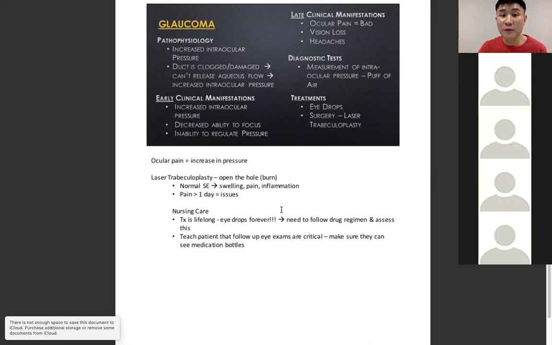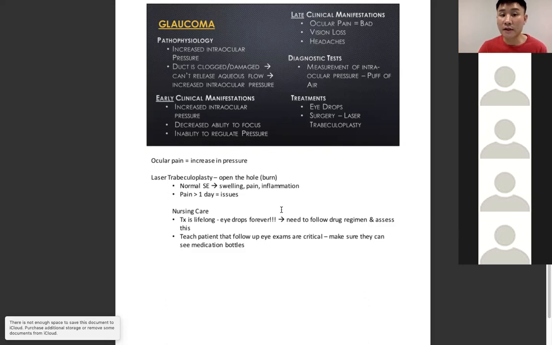Because of that, the aqueous fluid cannot flow, and this buildup of fluid leads to increased intraocular pressure. At a certain point, when the pressure is too high, the patient will not be able to see anymore.